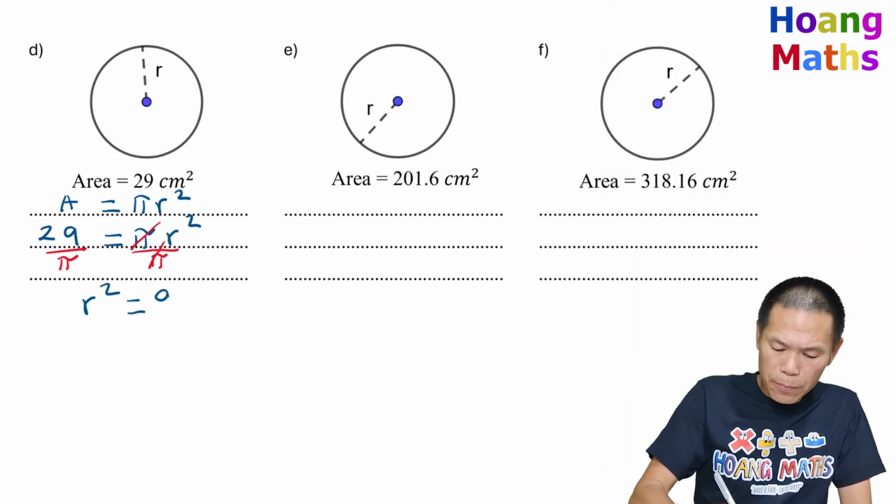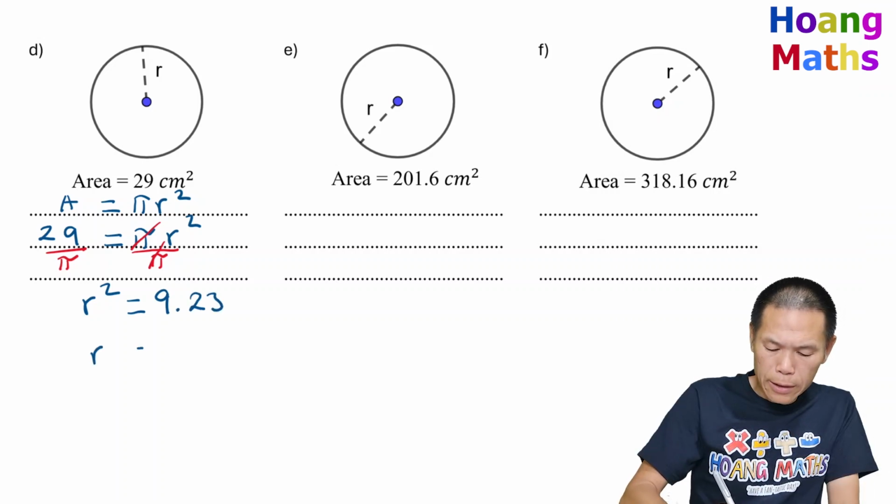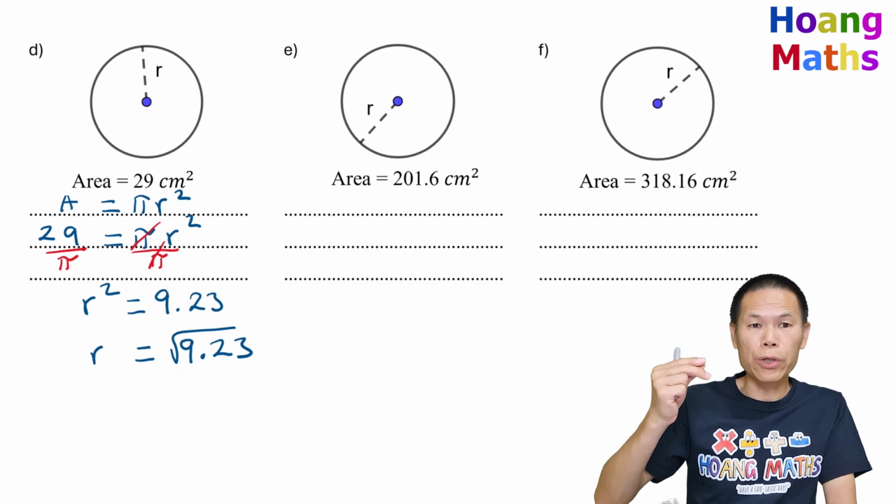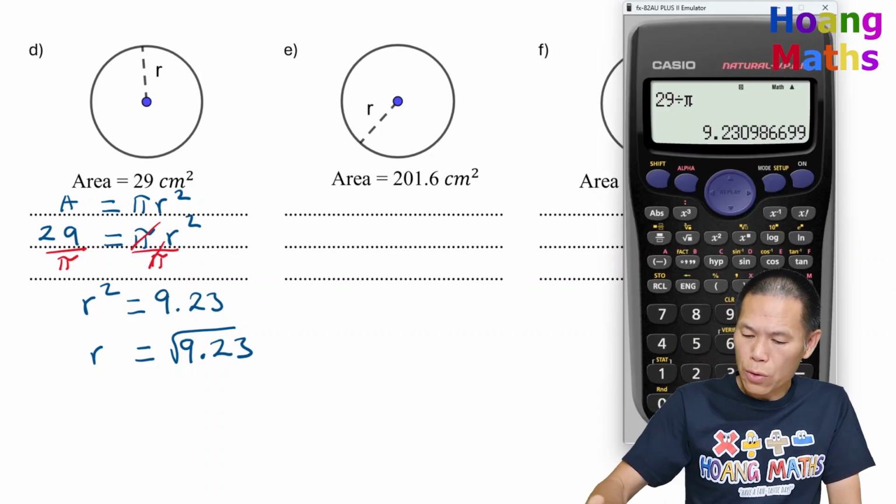Let me just write 9.23 for now. r is equal to the square root of 9.23, because the opposite of square is square root. So I just take the square root of the answer.